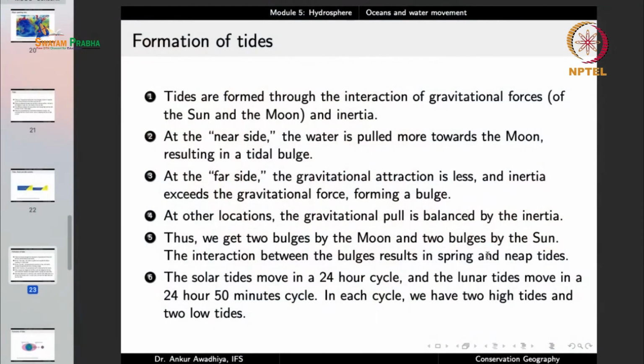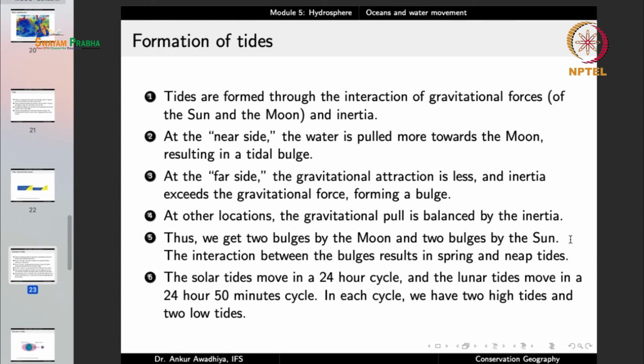Similarly, if both the sun and the moon are making a low tide, then we will have an even lower tide. Whereas if one of them is making a high tide and the other a low tide, the effects will cancel out somewhat, and so we will not have that high or that low a tide. So both these bulges interact and they result in spring and neap tides.